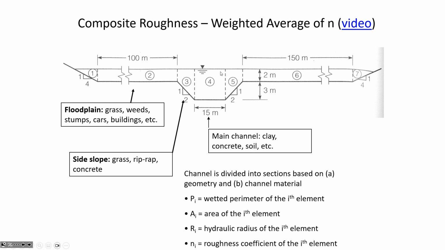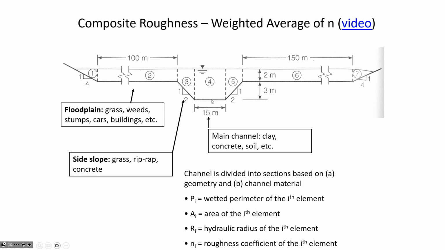Okay, so far I've been showing you a couple of simple trapezoidal channels and we've been solving for the depth, and we've used the same n value for the whole channel. What we've assumed, for example, was maybe it was an asphalt-lined channel, so there's asphalt on both of the sides and asphalt on the bottom.